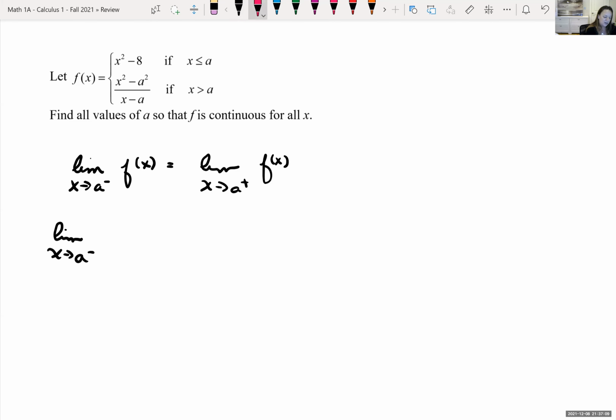If we're approaching a on the left, this is telling me that I'm choosing values of x which are less than a. And that tells me I need to use my first equation in that piecewise function, which is x squared minus 8. So just do direct substitution. If we go in here and do direct substitution, we get this a squared minus 8.